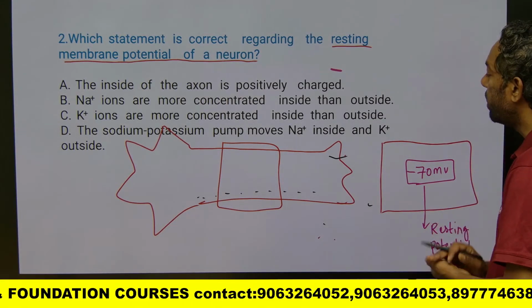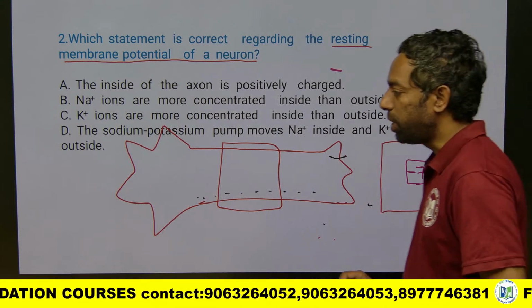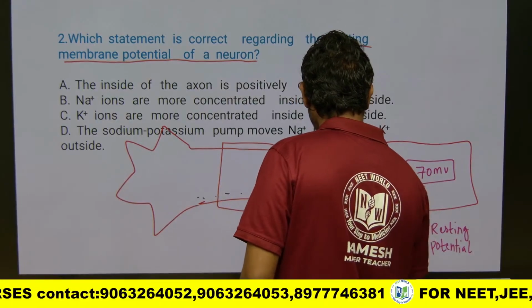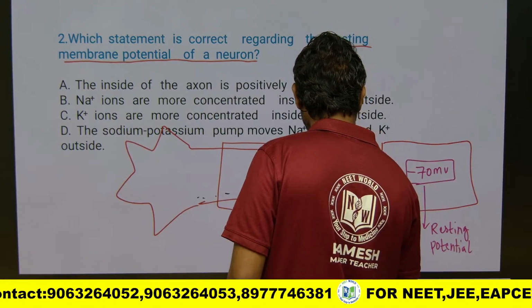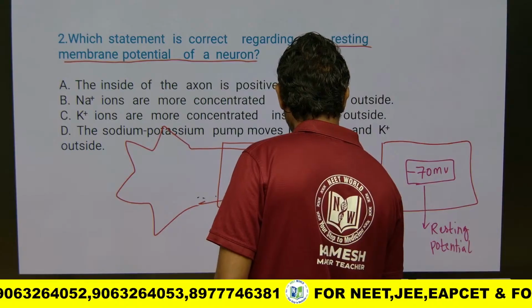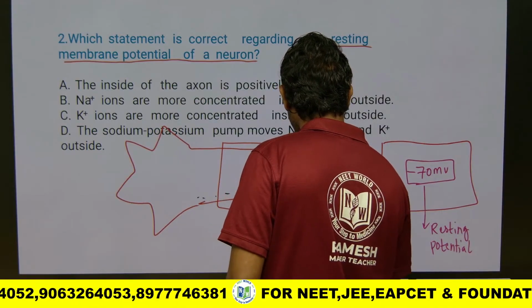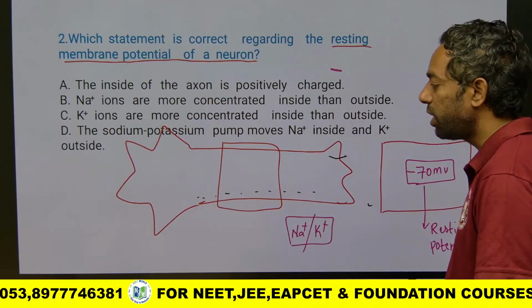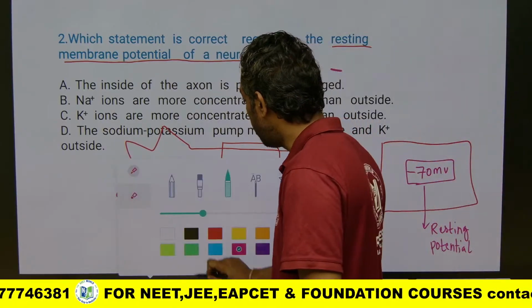How is it maintained? Sodium and potassium are the reason for this minus 70 mV.